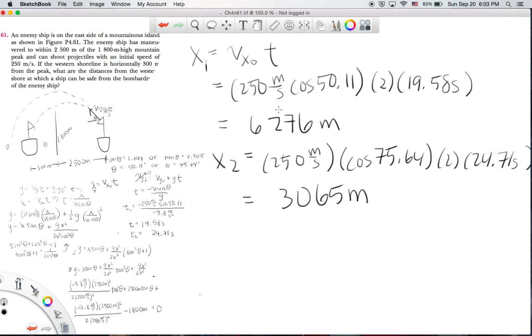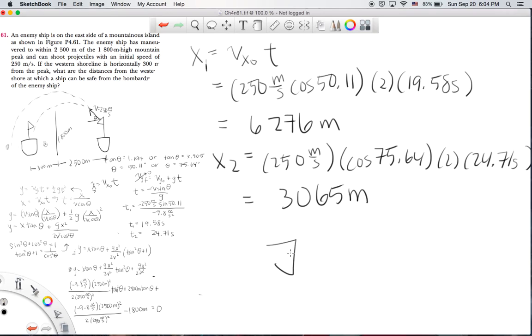But the question asks for the distances from the western shore. So we have to subtract 2,800 meters from each of these values, because this x range just tells us how far from the initial point.